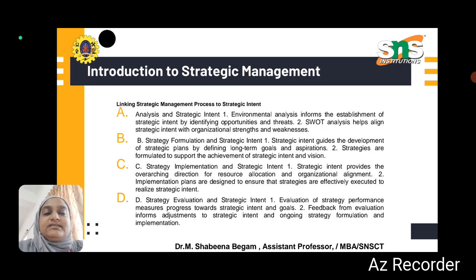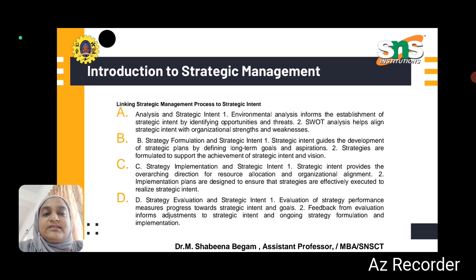In analyzing a strategic event, we talk about environmental analysis, the SWOT analysis and other things. Whereas in strategic formulation and strategic intent, we talk about developing strategic plans and formulating them into supportive plans that could support achieving the organization's vision and mission statements.